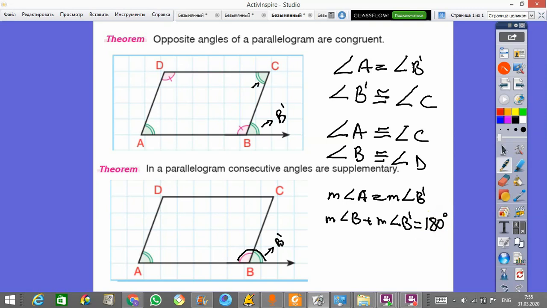So here we use this property. We can write the conclusion: measure of angle A plus measure of angle B is equal to 180 degrees.